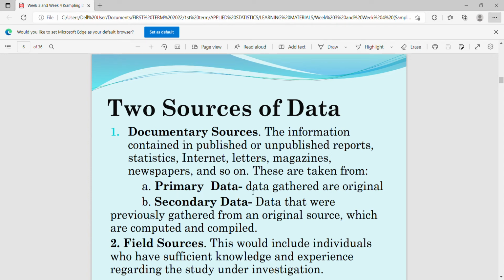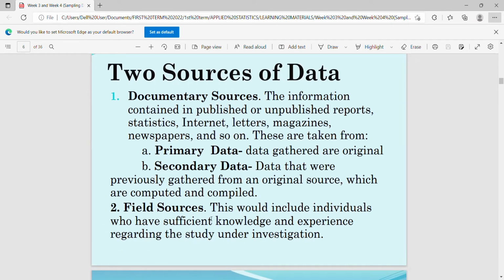These data gathered are original, and secondary data, these are data that were previously gathered from an original source which are computed or compiled. Okay, while field sources, these would include individuals who have sufficient knowledge and experience regarding the study under investigation.